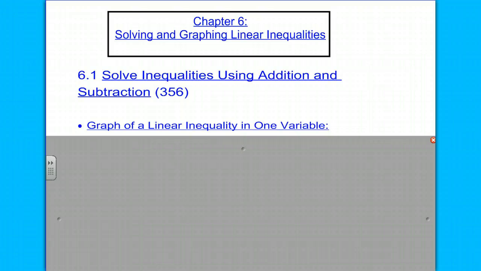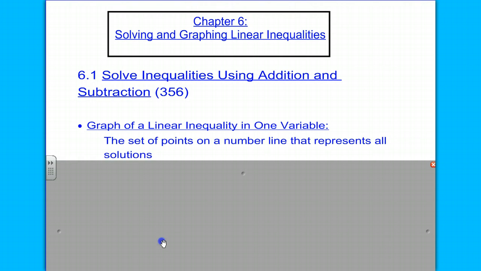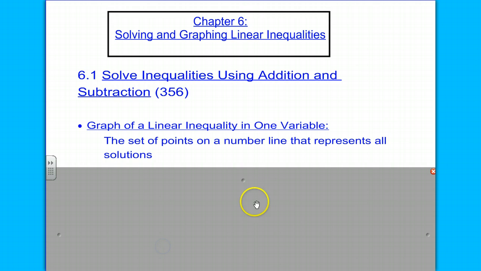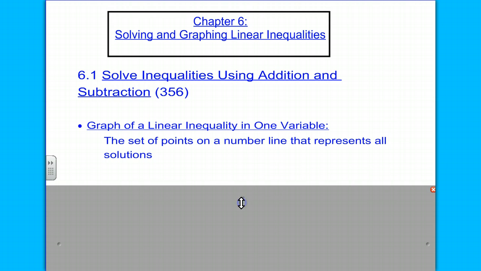Does anyone see a one-dimensional graph in this room? Yes, say it. A number line. It's a number line. So when graphing in one dimension, we're going forward and backward, right? It's the set of points on a number line that represents the solutions.